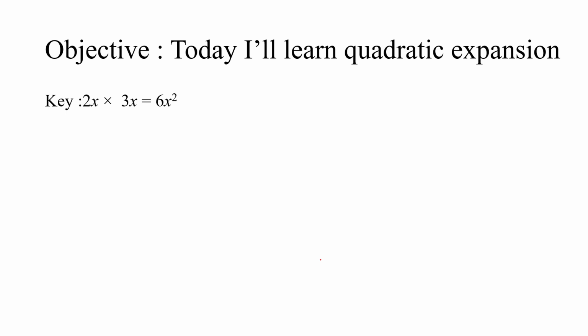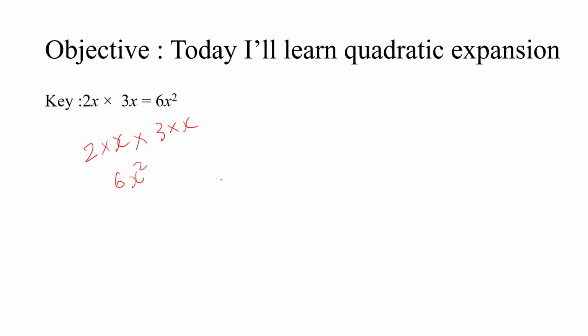Now, the key to take note of is 2x times 3x is equal to 6x squared. This is very important because you need to know that 2x is 2 times x, 3x is 3 times x, 2 times 3 you get 6, x times x you get x squared. This one is basic, you should know.